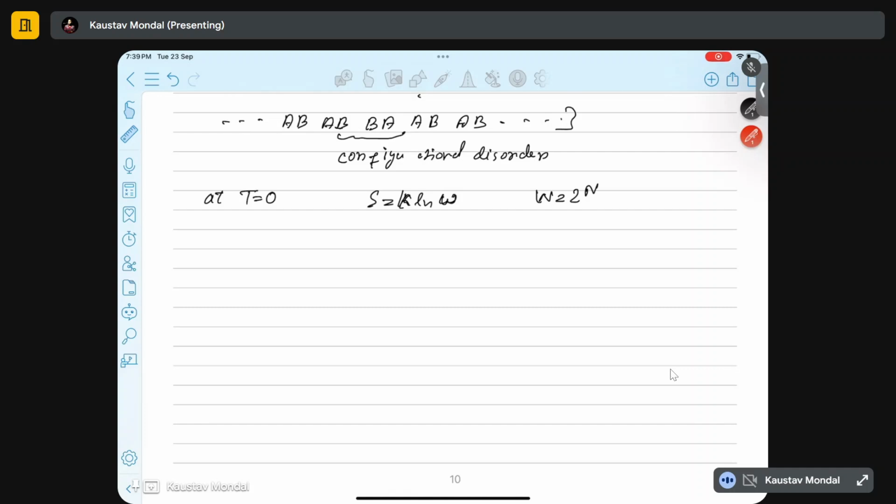So S would be simply k ln 2^n. This is happening at temperature 0. Okay, so this non-negative entropy is simply known as the residual entropy, right? So this would become k into n ln 2.